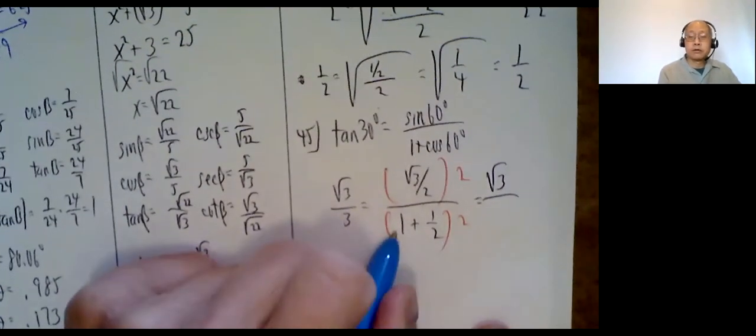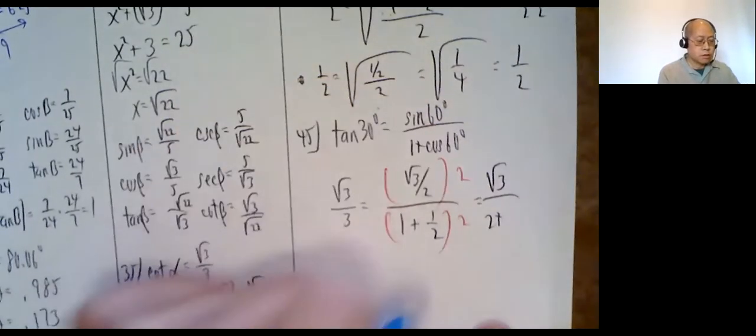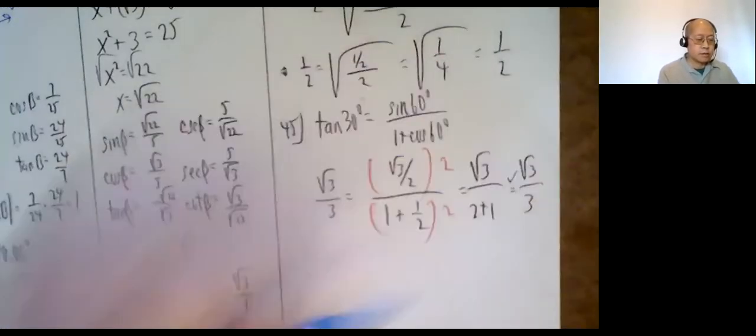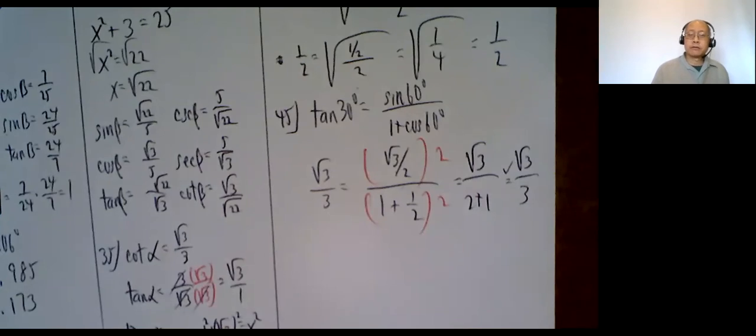So 2's cancel out, I have radical 3. 2 times 1 is 2. 1/2 times 2 is 1. So radical 3 over 3. So it checks. Okay, so I have everything that I want there. Okay, so that pretty much does it for that one.